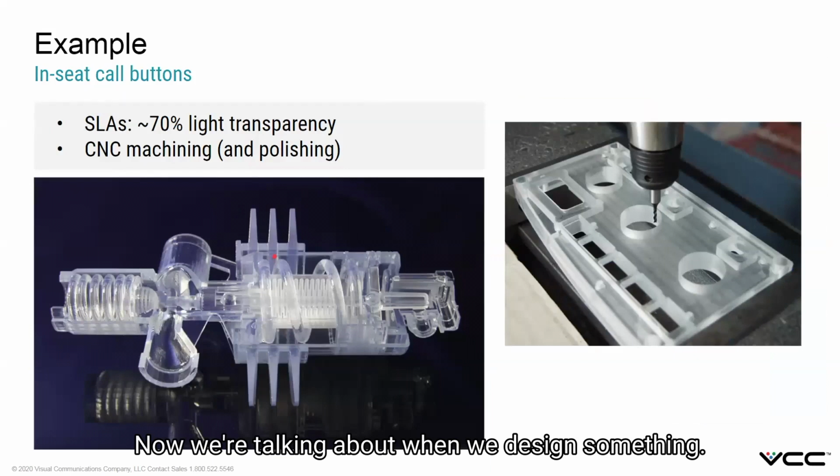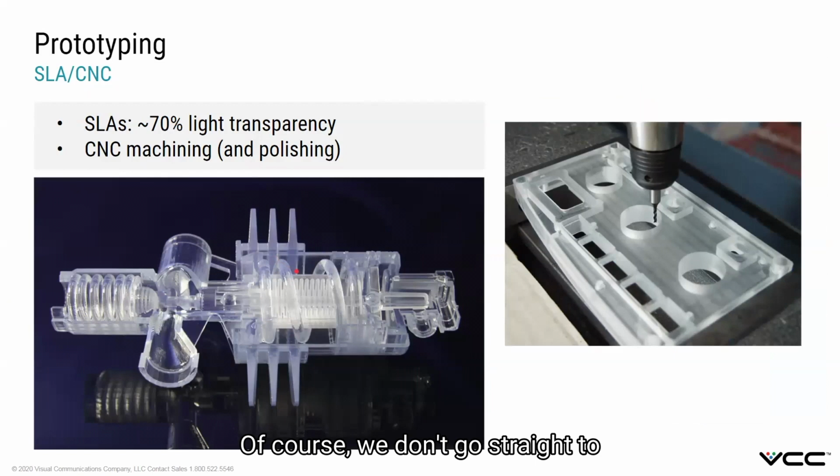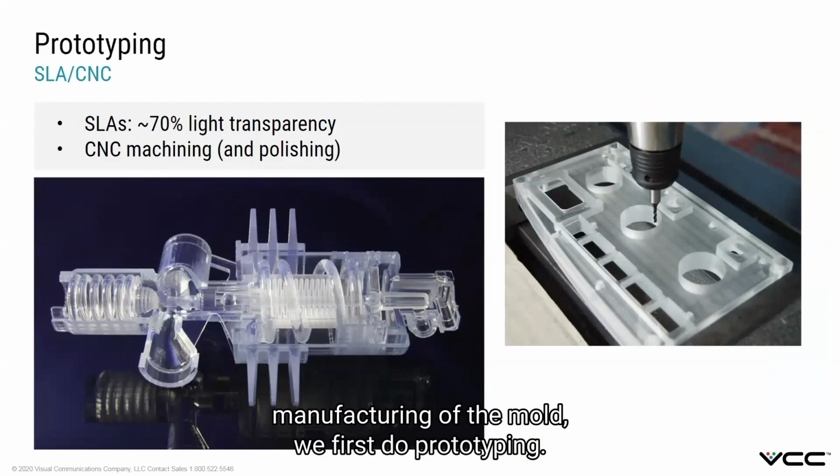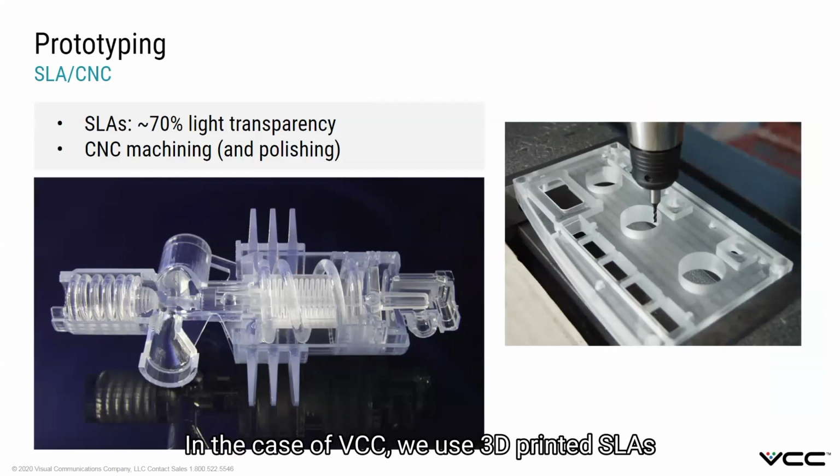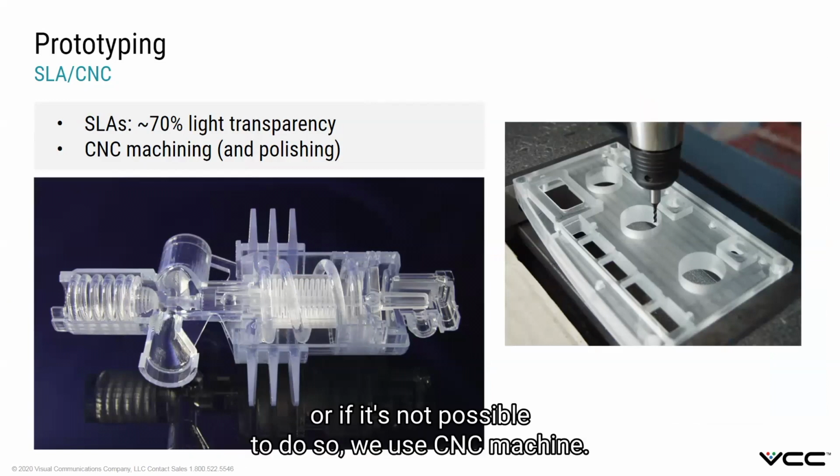Now we're talking about when we design something. Of course, we don't go straight to manufacturing of the mold. We first do prototyping. In the case of VCC, we use 3D printed SLAs, or if it's not possible to do so, we use a CNC machine.